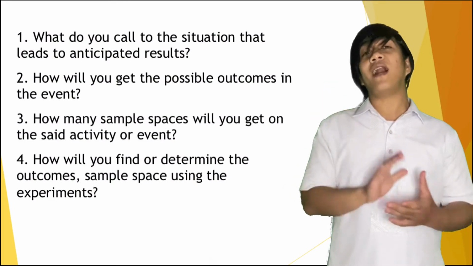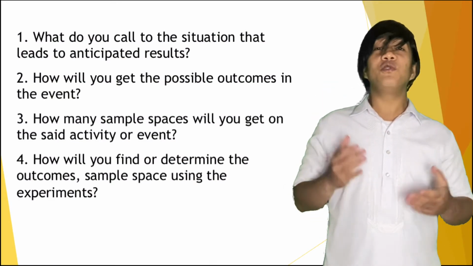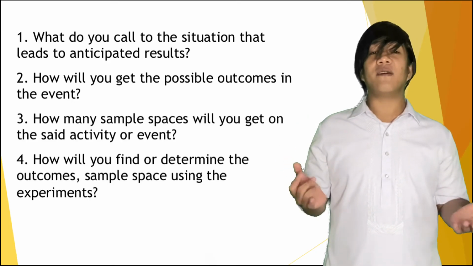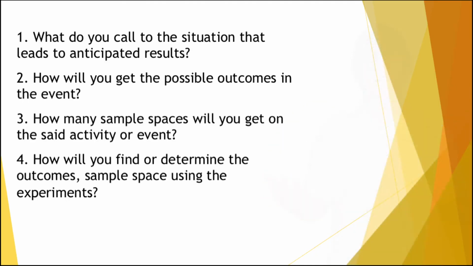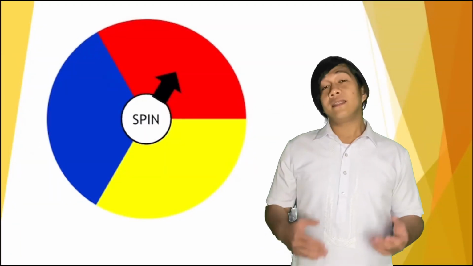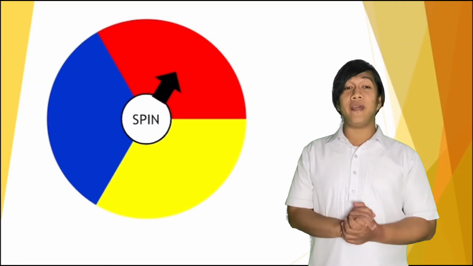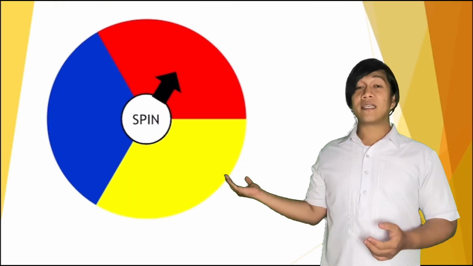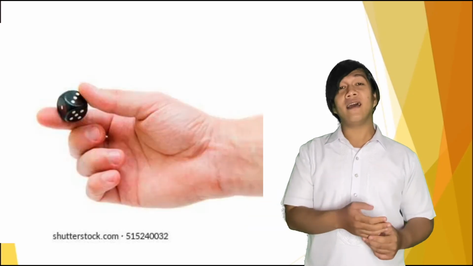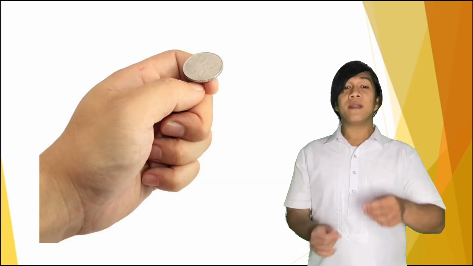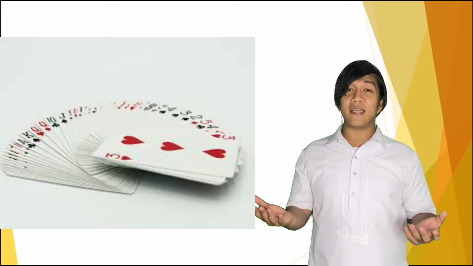Of course, to answer all those questions, you should first know the definitions of sample space, events, outcome, and experiments. The activity, which is spinning a wheel, is an example of an experiment. An experiment is an activity such as rolling a die, tossing or flipping a coin, or picking a card from a standard deck of cards without looking, which could be repeated over and over again and will have a well-defined result.